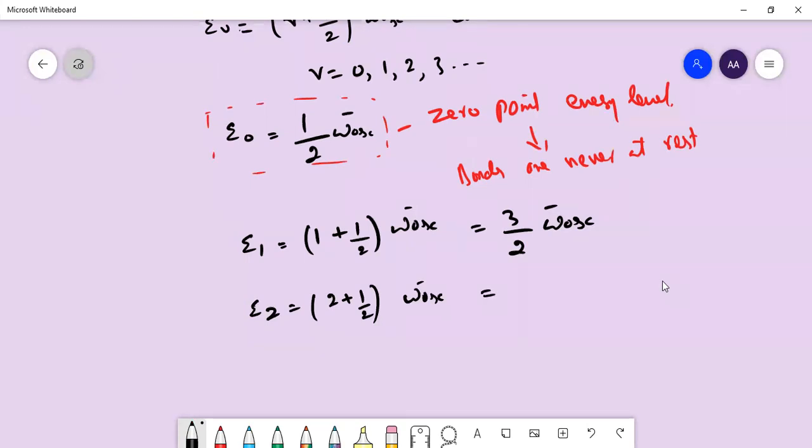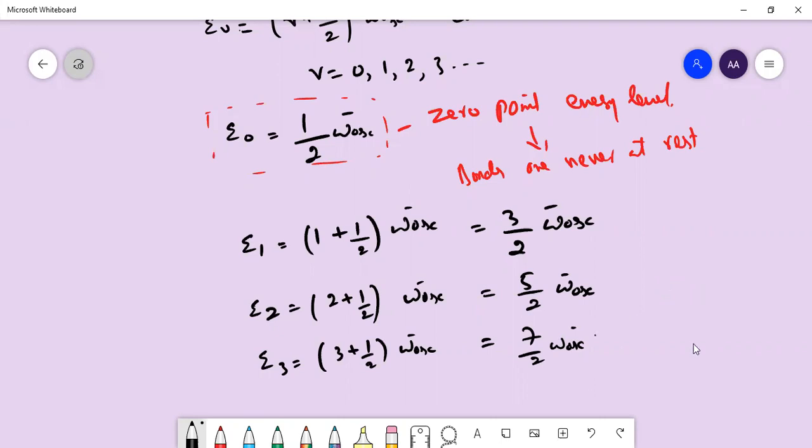What will I get here? 2 twos are 4, plus 1, that is 5/2 ω bar. The next energy level is v is equal to 3: (3 + 1/2) ω bar, 3 twos are 6, plus 1, 7/2 ω bar. So what I got here is 1/2, 3/2, 5/2, and 7/2, with a difference of 1 between each energy level.